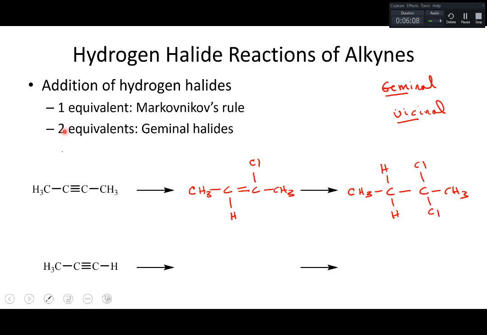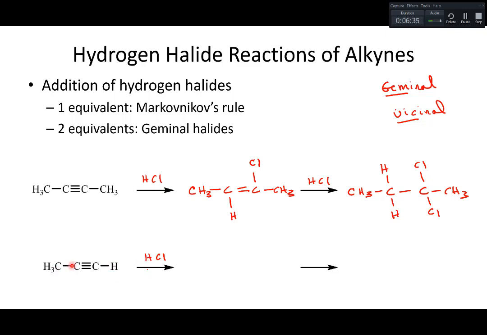That's if you add a second equivalent of HCl. This would be HCl. Now, you still follow Markovnikov's rule. So if this is a reactant, then your first equivalent, that's the first mole of, like if you had 1 mole of the reactant, an equivalent would be 1 mole of the HCl.